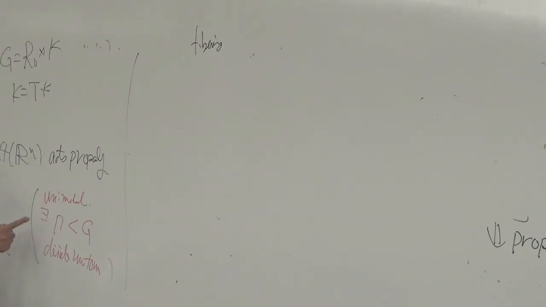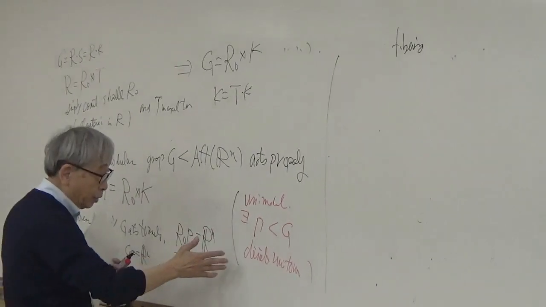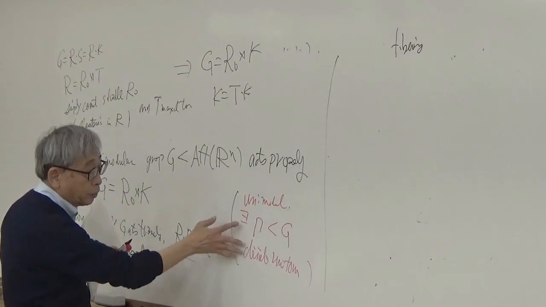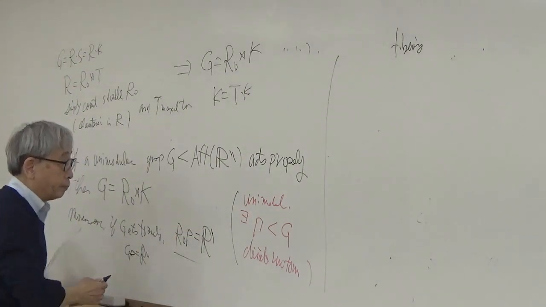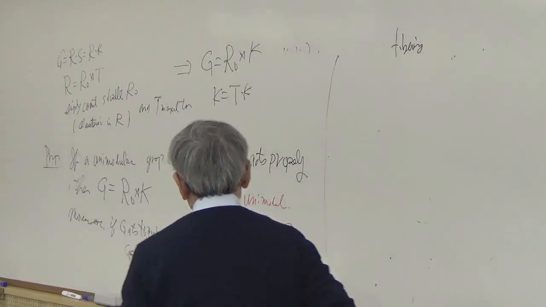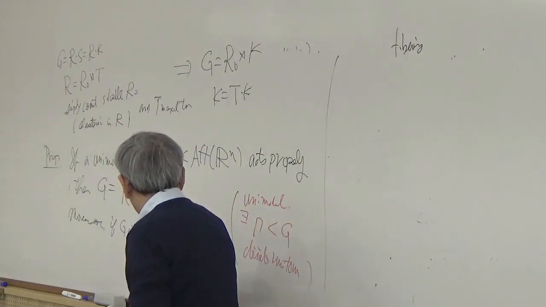But in this proof, unimodular means there exists a discrete uniform subgroup gamma in G. So there exists a discrete uniform subgroup gamma. If gamma satisfies this condition, then G is called unimodular. So unimodular is used here.